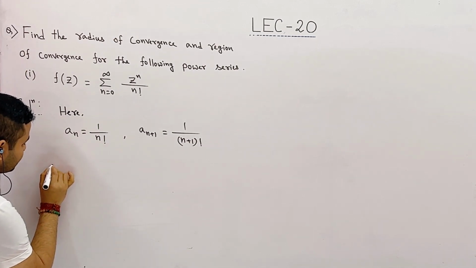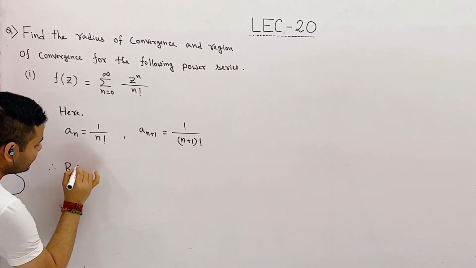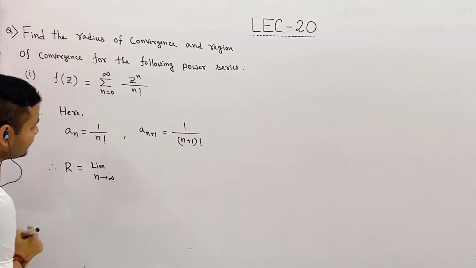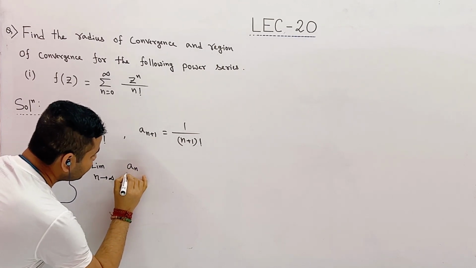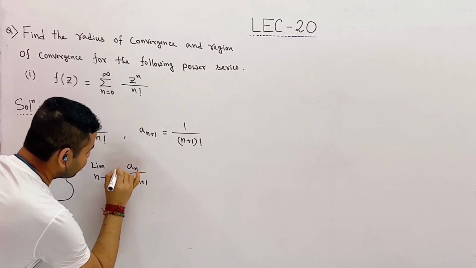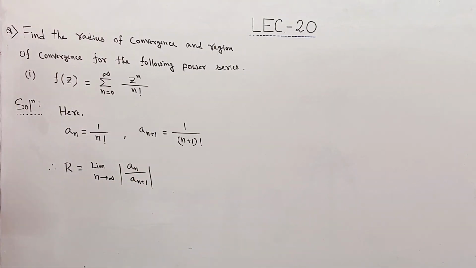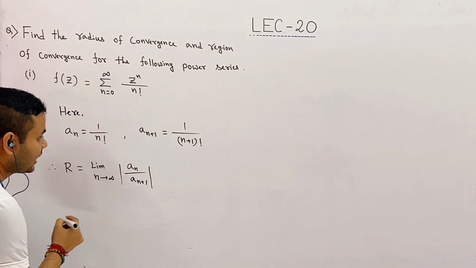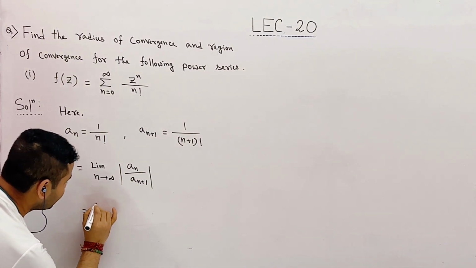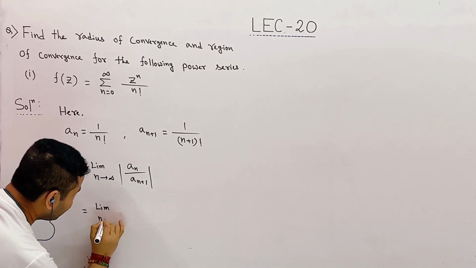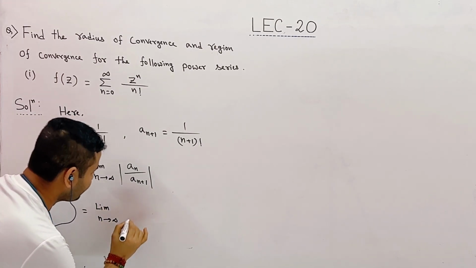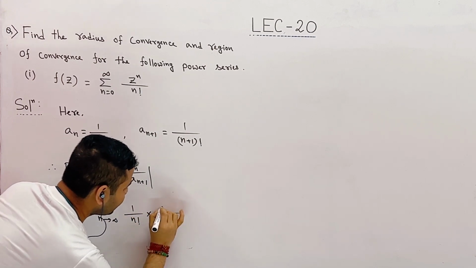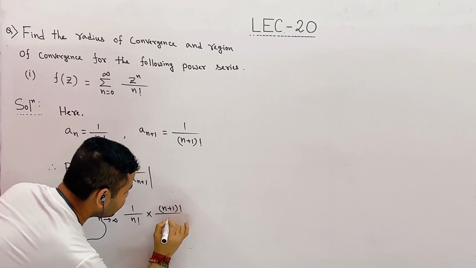So therefore radius of convergence R is given by limit n tends to infinity modulus of a n divided by a n plus 1. Now let us substitute the values of a n and a n plus 1 here. So after substituting we will get limit n tends to infinity 1 by n factorial into n plus 1 factorial divided by 1.